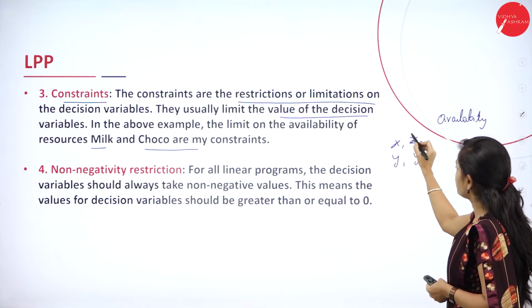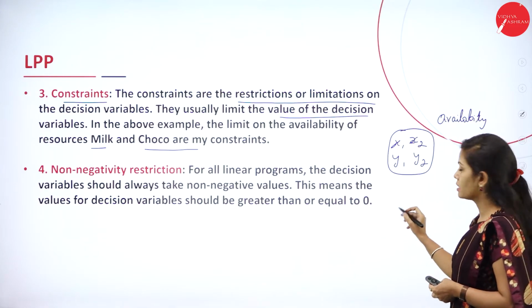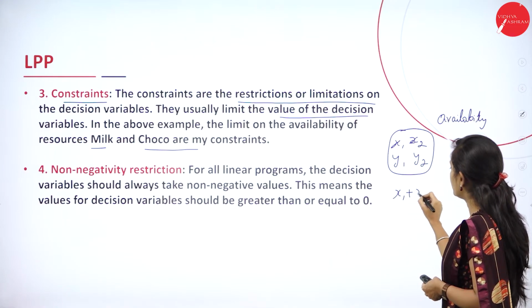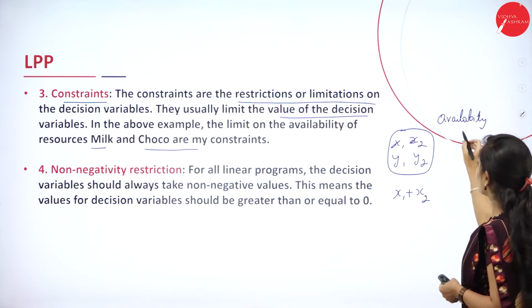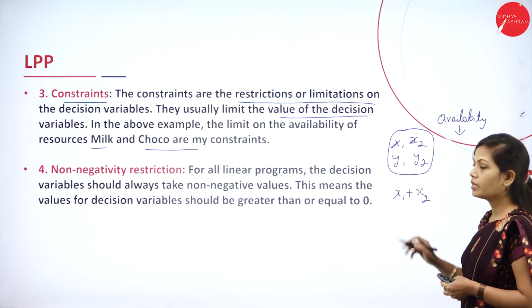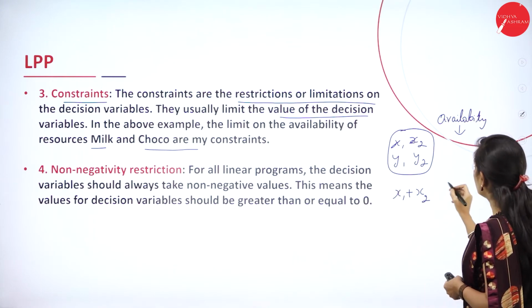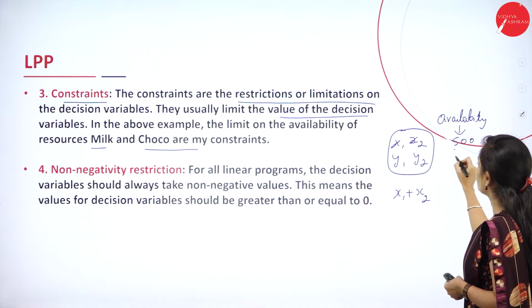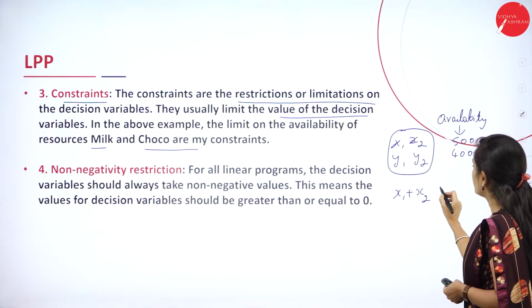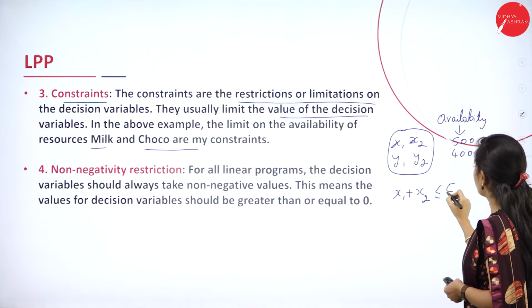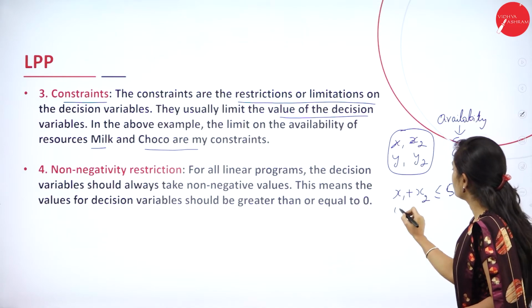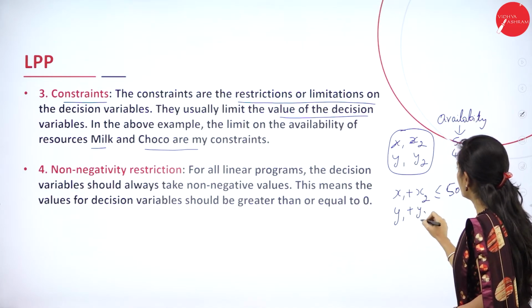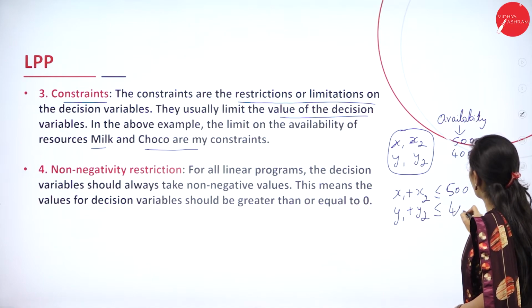For example, here I am using two constraints, that is x1 plus x2. Then what is the availability for milk and choco? My availability is 500 and 400. So availability is 500, and for the second product availability is 400.